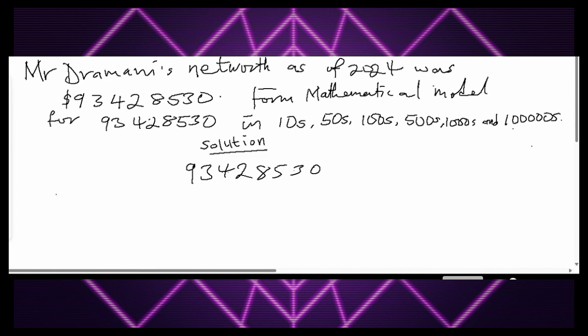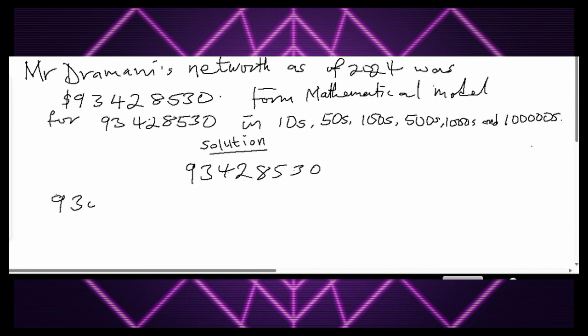The highest figure that we have here is the 100,000, right? So we're going to have 9, 3, and then I write the rest of these figures as zeros. So we have 1, 2, 3, 4, 5, 6.